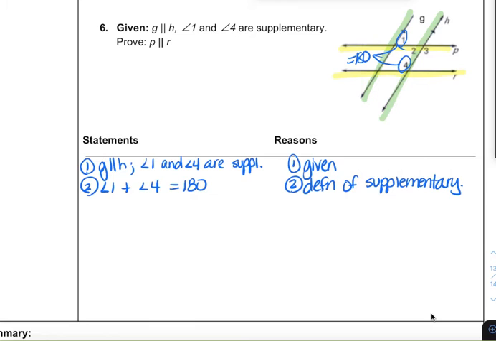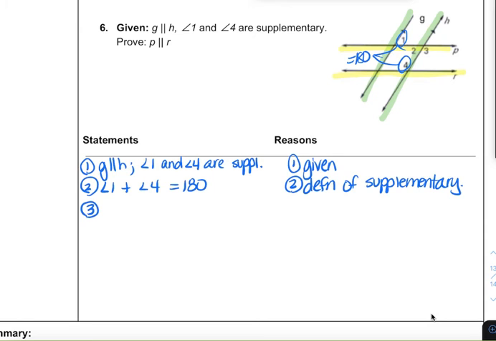So I've got 1 and 4. I need to tie something to 4. Now, 3 and 4 are alternate interior angles, right? But 1 and 3 don't have a relationship on those 2 parallel lines. So I can't use 1 and 3. I need to use 1 and 2 because they're alternate interior angles.